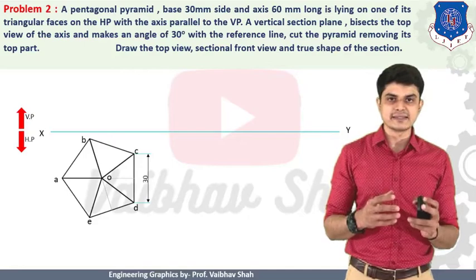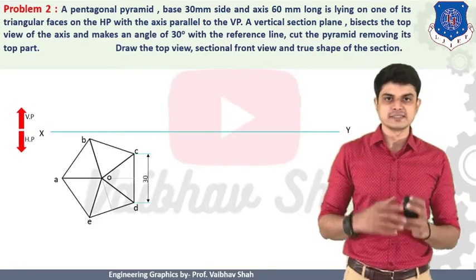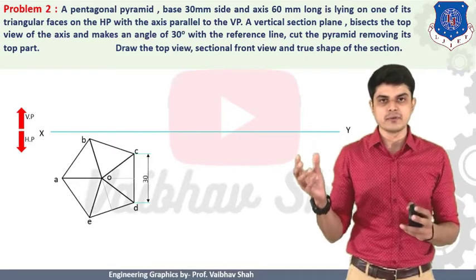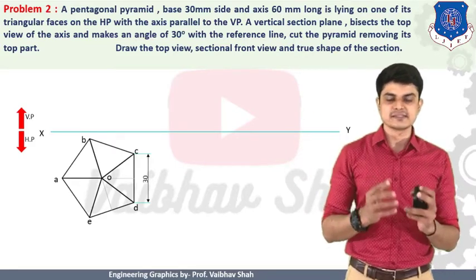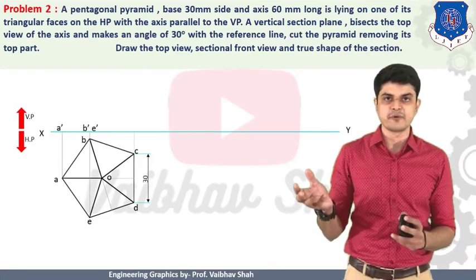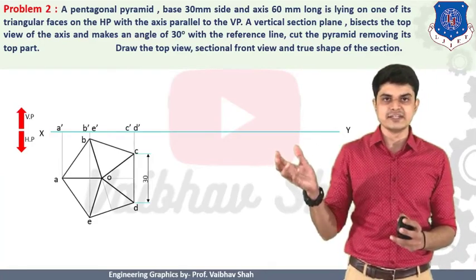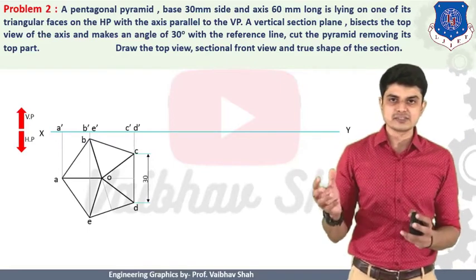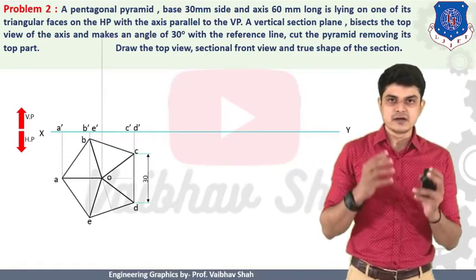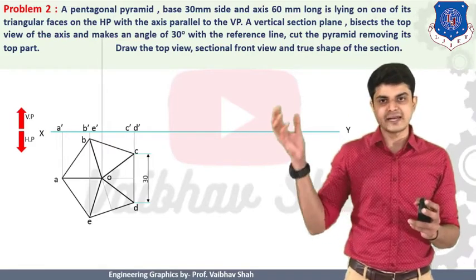Here it is said that the axis of the pentagonal pyramid is 60 mm. So we should draw the axis line vertically above your XY line as 60 mm. Let us draw a vertical line from each and every point first, and define the points as A dash, B dash, C dash, D dash. Then let us draw a vertical line from the point O, and the vertical line should be 60 mm from your XY line like this.